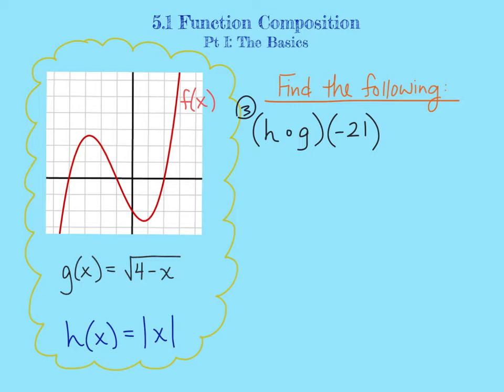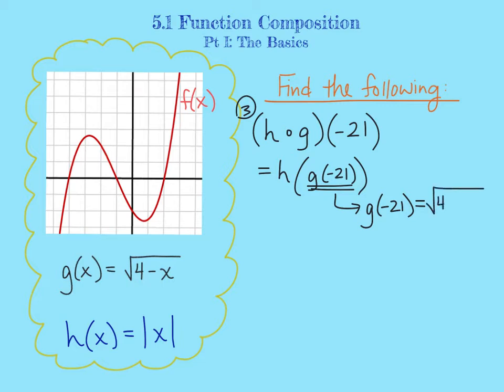In number 3, we want to find h of g of -21. It's funny because it looks like it says "hog." So we can again rewrite it, h of g of -21. The first thing we're finding is g of -21. So we want to find g of -21 by plugging -21 into this g function.